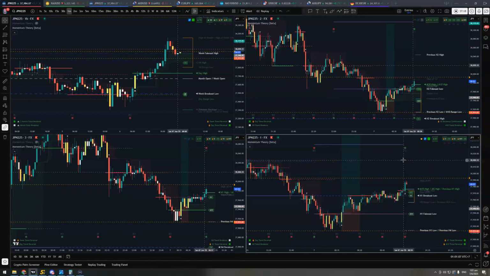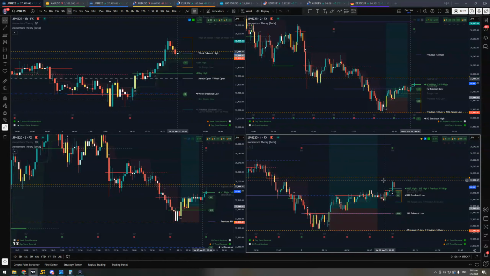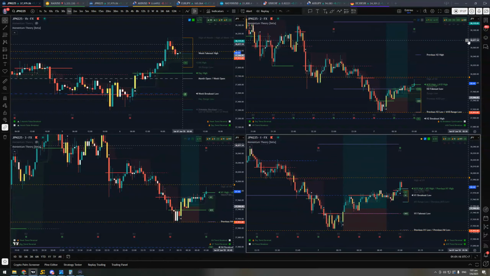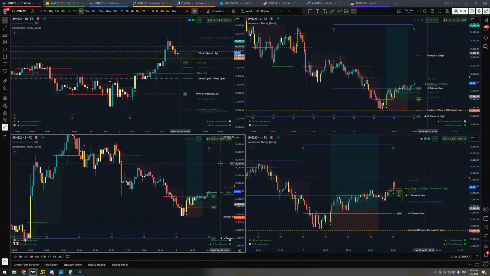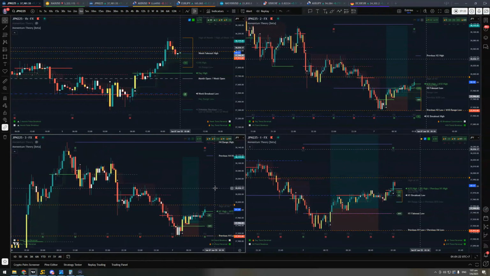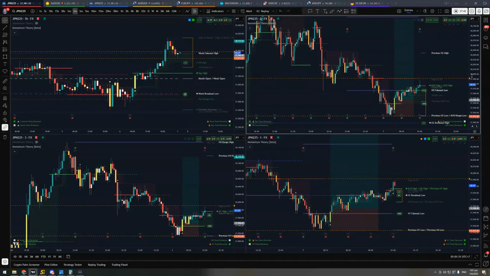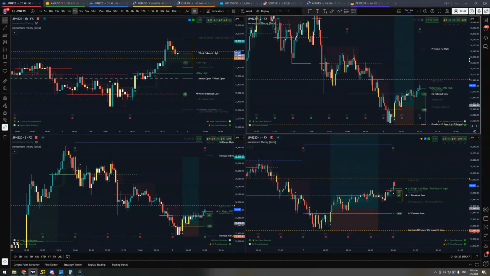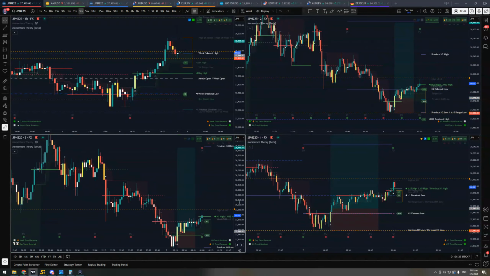Okay, start of the new hour. And just got an entry here. Trend reversal. Looking for continuation. Just looking at all the different time frames.